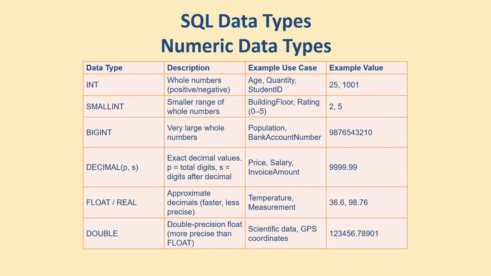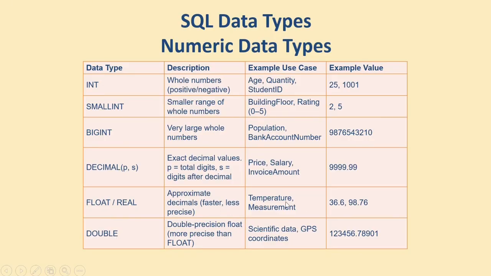comma, how many digits. We have float or real and double. These two variables also indicate the approximate decimal for the float. Okay, so the number will be rounded. For example, here we have 36.6. If we don't use this decimal, the number will be rounded if we use float. Okay.